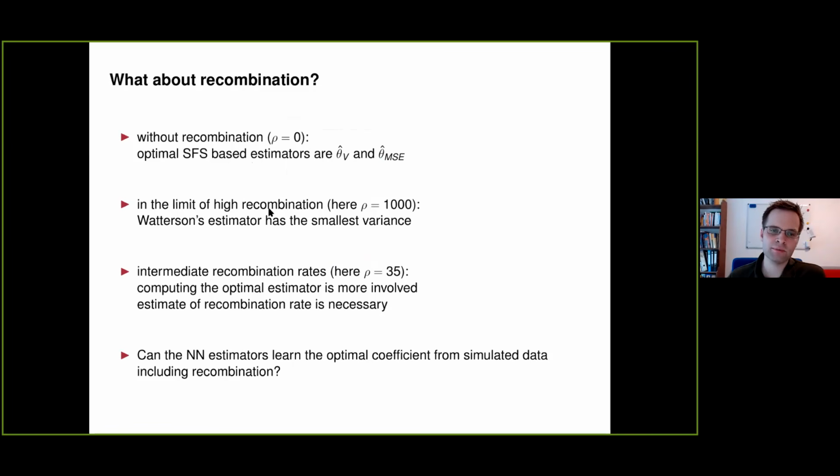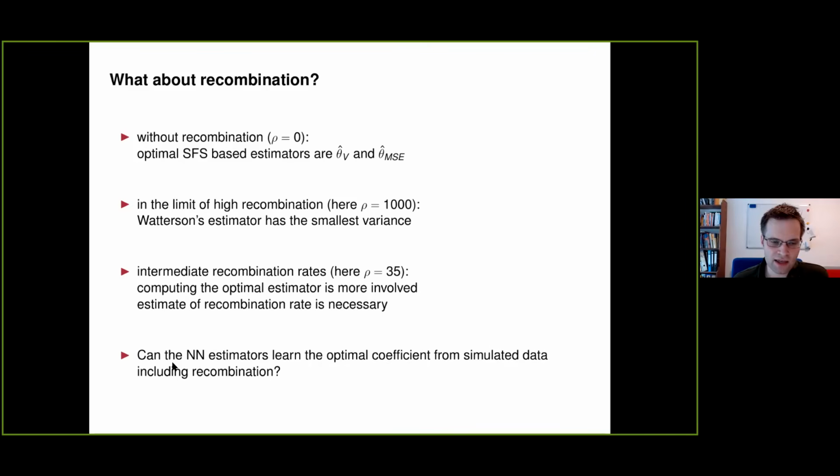And we know that in the limit of high recombination, Watterson's estimator is outcompeting the other ones and has the smallest variance, because if you have high recombination, then we have very many trees which are independent of each other due to the high recombination rate, and then dividing by the expected size of a random tree is a very good approach. And for intermediate recombination rates, it's really involved to compute those optimal estimators.